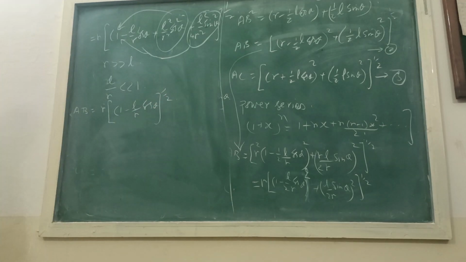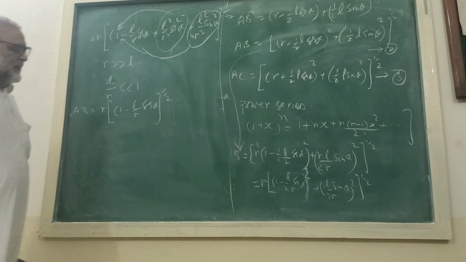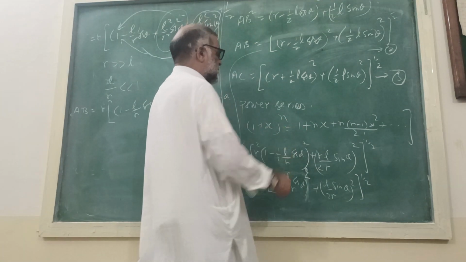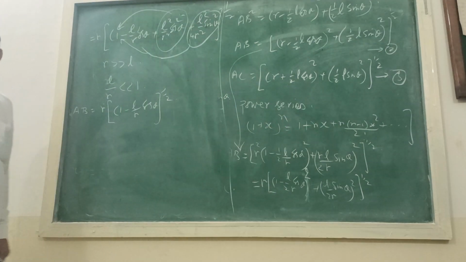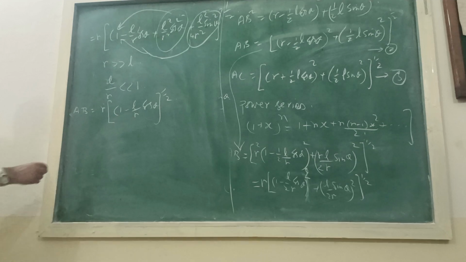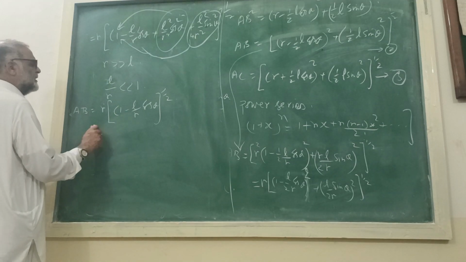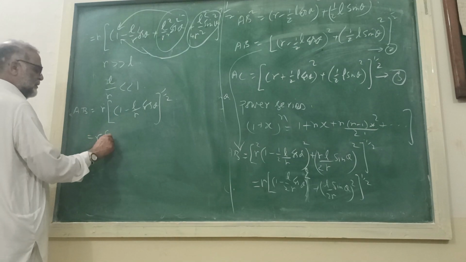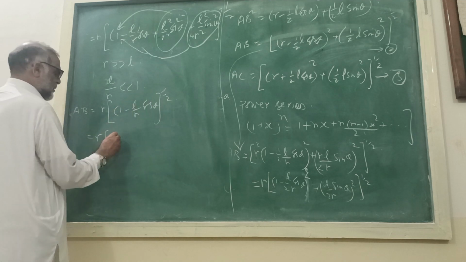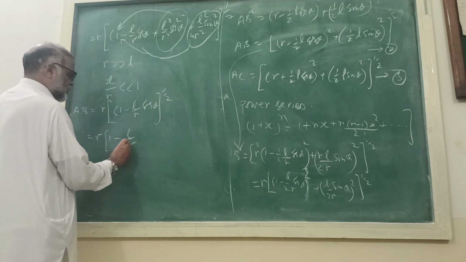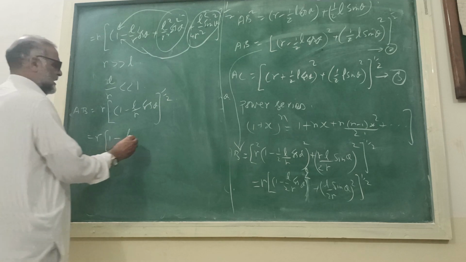Yes. Now I'm going to apply the power series formula again. So this one is the R version, right? Instead of 1, n becomes 1 over 2, x becomes L over R cosine theta. सही था?